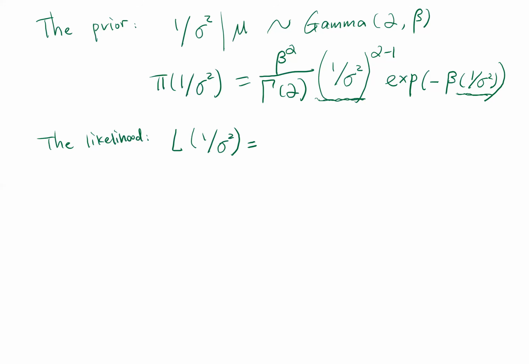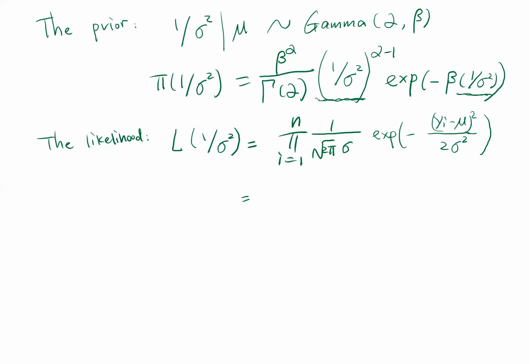So I will write the overall expression for you again: 1 over sigma, and then (yi minus mu) squared with the exponent. This is from the normal density. I will do this step for you, and then I will let you try to derive the posterior.